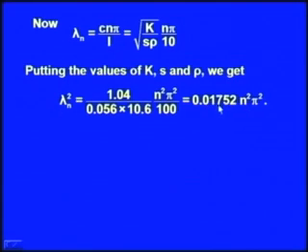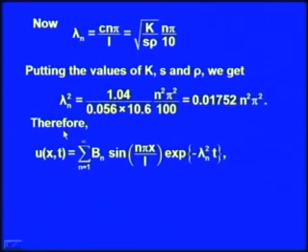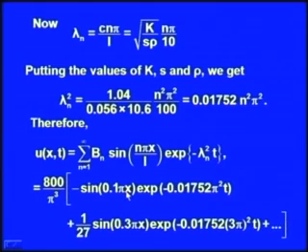So, lambda n square has this value, and therefore, u x t, which is given by sigma n equal to 1 to infinity V n sin n pi x over L exponential minus lambda n square t, is given by this series. 800 over pi cube is common to all the terms, so we have taken it out and then put the values of n.